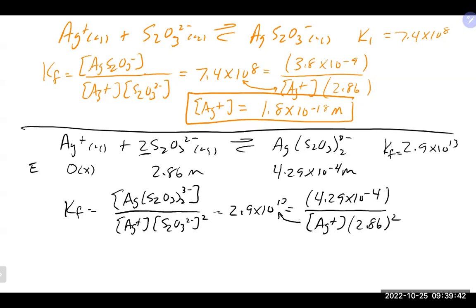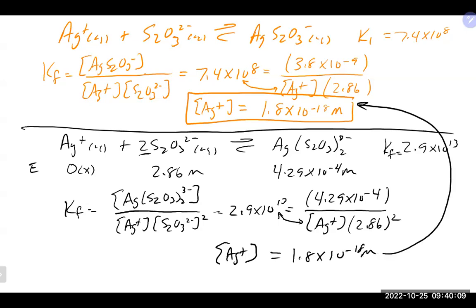Once again, these would switch places. If you solve for the silver at that point, you really should get the same number as above, but let's make sure. 4.29 times 10 to the minus 4 divided by 2.9 times 10 to the 13, divided by 2.86 squared, gives you 1.8 times 10 to the minus 18 molar. So obviously you get the same answer.